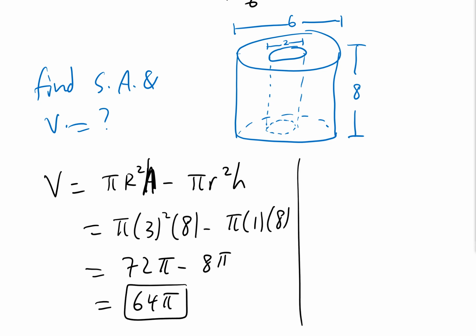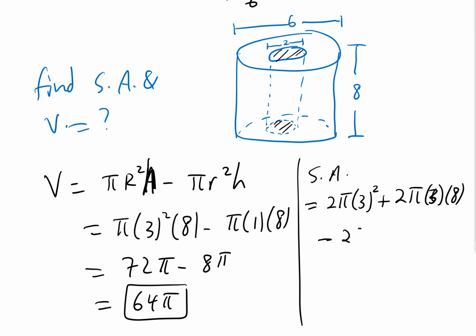For the surface area, watch how we do it. I'm going to find the surface area of the big one, 2 pi r squared, plus the surrounding 2 pi r h, minus the top circle and the bottom circle, 2 times pi times 1 squared, and then we have to add the inside part of that cylinder.